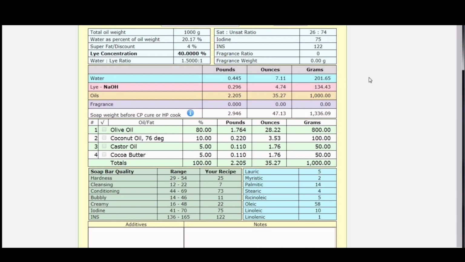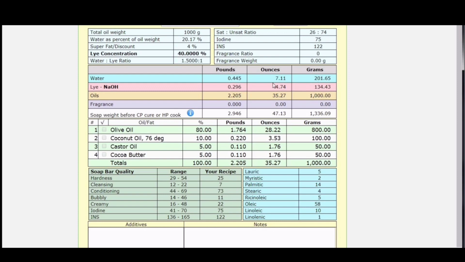It gives you the exact amount of water that goes into your recipe and the exact amount of lye to go into your recipe. And basically what I do is to deal with the whole numbers and forget about the decimal point. And now, like I said before, your super fat that we calculated at 4% is that extra oil that does not go through the saponification process.